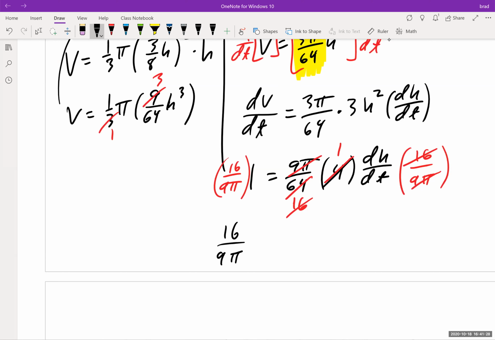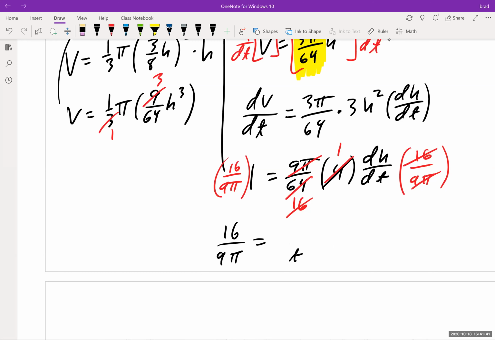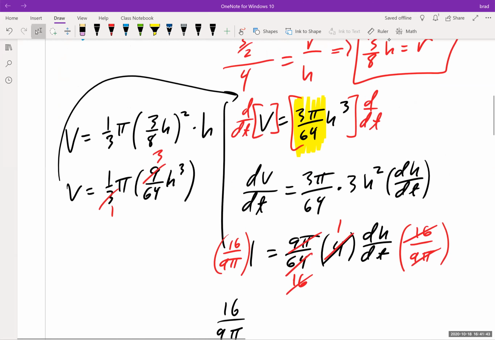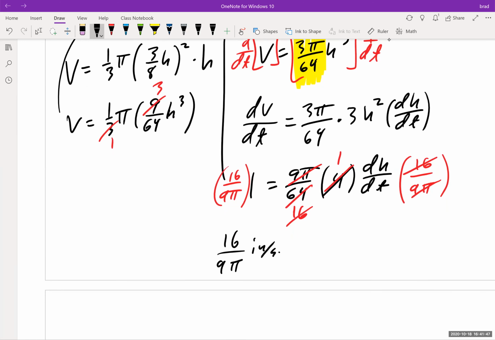Let me make sure I didn't miss anything. No, I think that's it. Equals dH dt. Okay. So the rate of change is 16 over 9 pi, and I think it's inches per second. And that is dH dt.